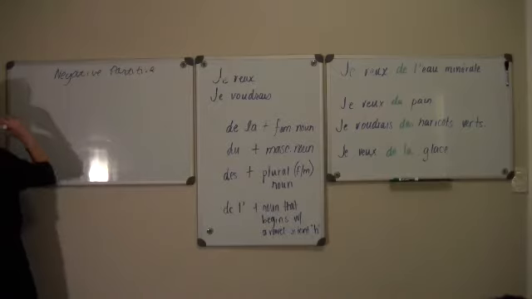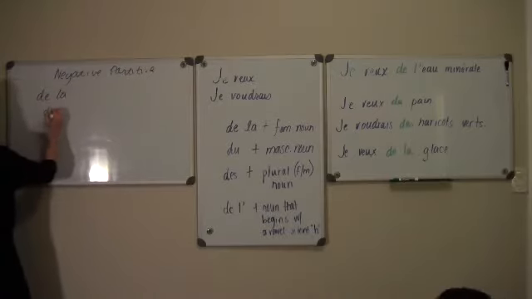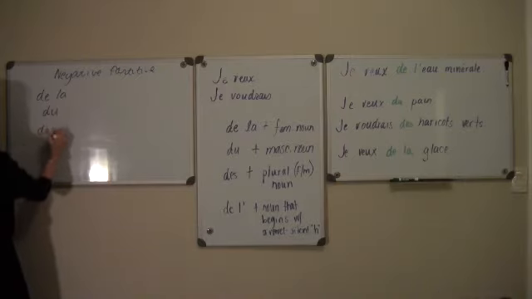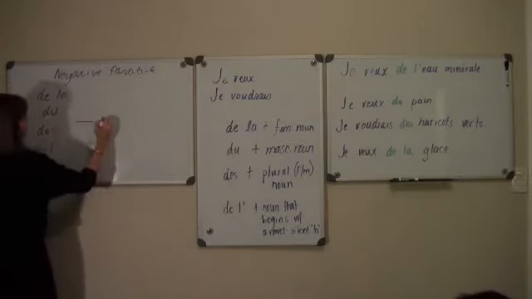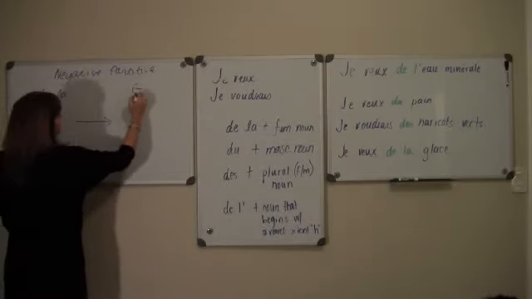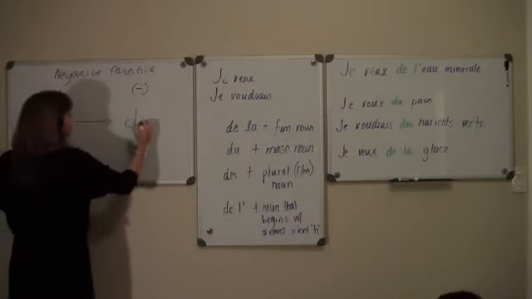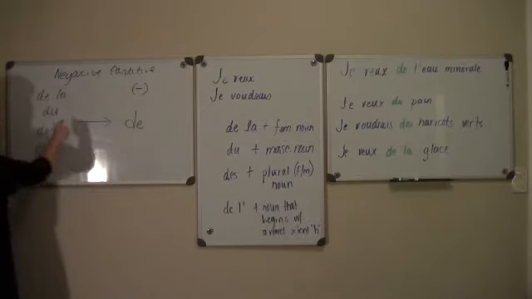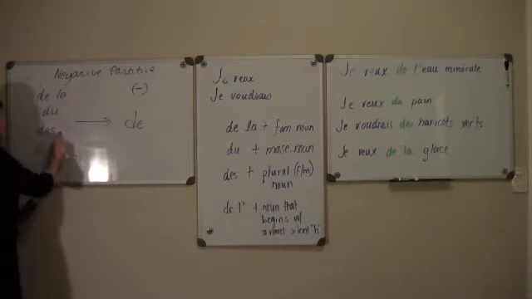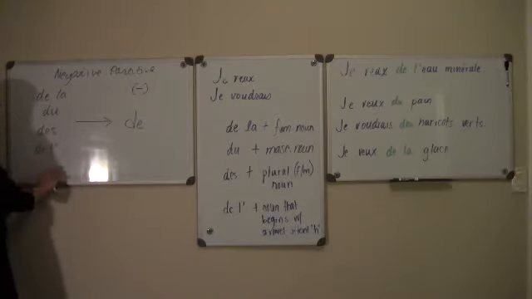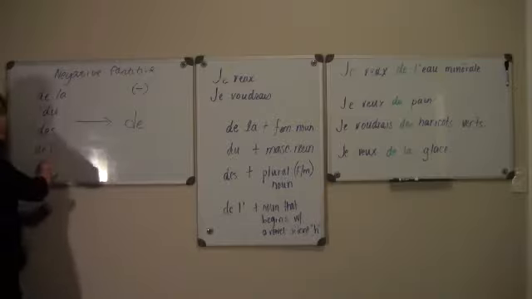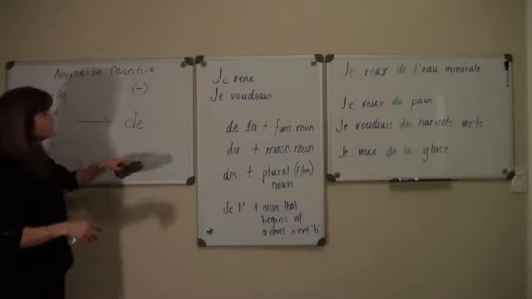For the negative partitive, de la, du, des, and de l'apostrophe in the negative become de. Doesn't matter if I'm talking about a feminine item, a masculine, a plural, or one that starts with a vowel. All of these in the negative become de.